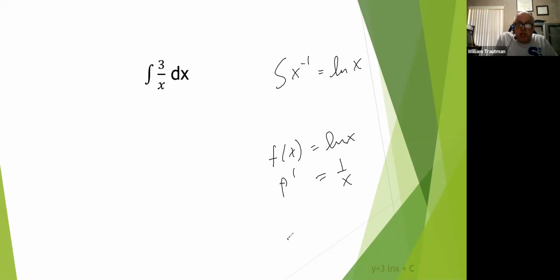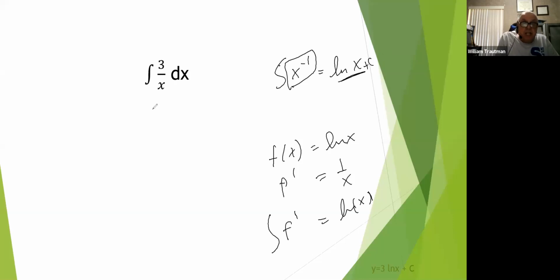So if you integrate the derivative, you're back at the natural log of x. So the integral of x to the -1 is natural log of x, and don't forget the plus c.